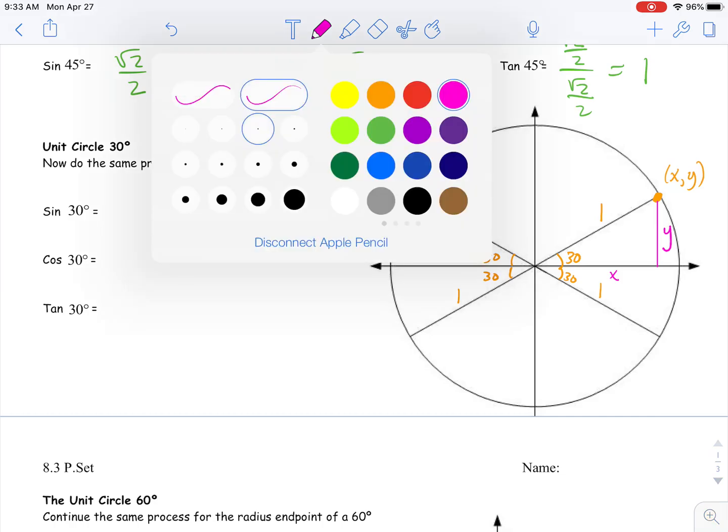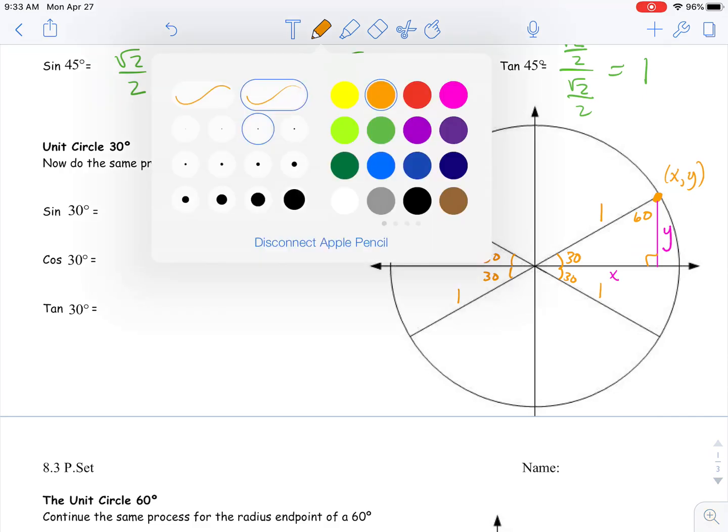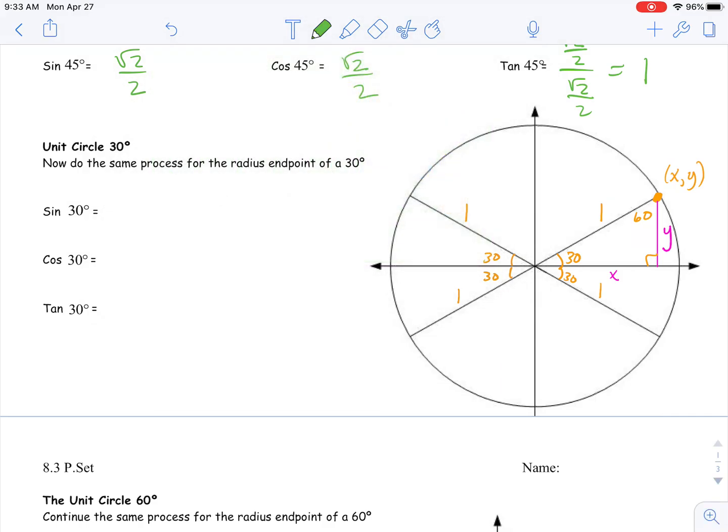Because we have a 30-degree right triangle, the other angle is 60, we can use our 30, 60, 90 special right relationship to find our side lengths. Because I've labeled the hypotenuse as 1, remember in a 30, 60, 90, the hypotenuse is 2 times n. n is always opposite the 30, so opposite the 30, my y side, will be 1/2.